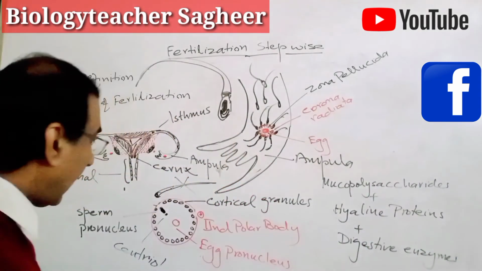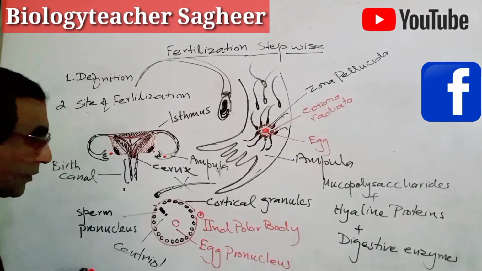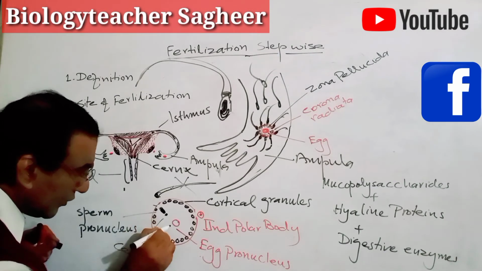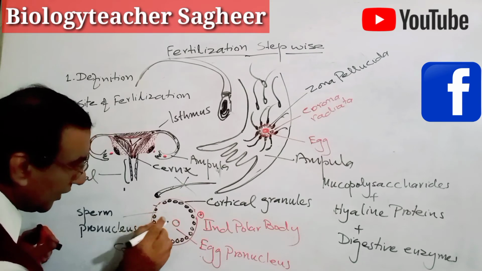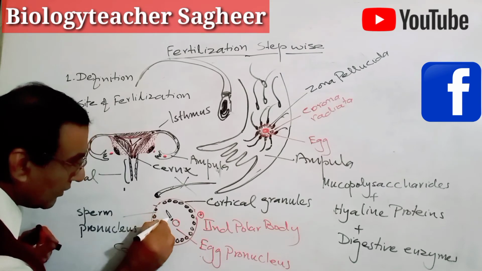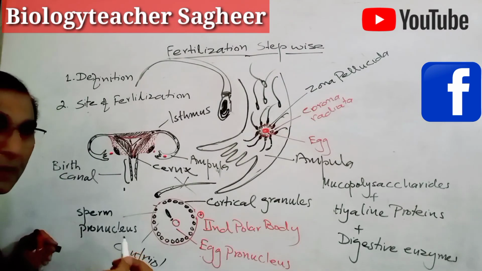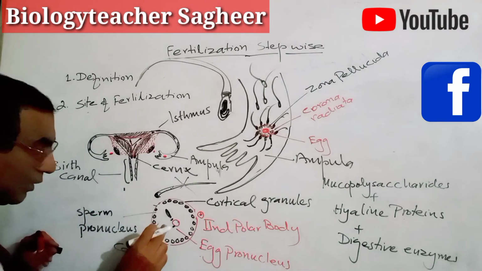As it reaches here, what happens? Suppose it has reached here. Here is the male pronucleus or the sperm pronucleus. What will happen?